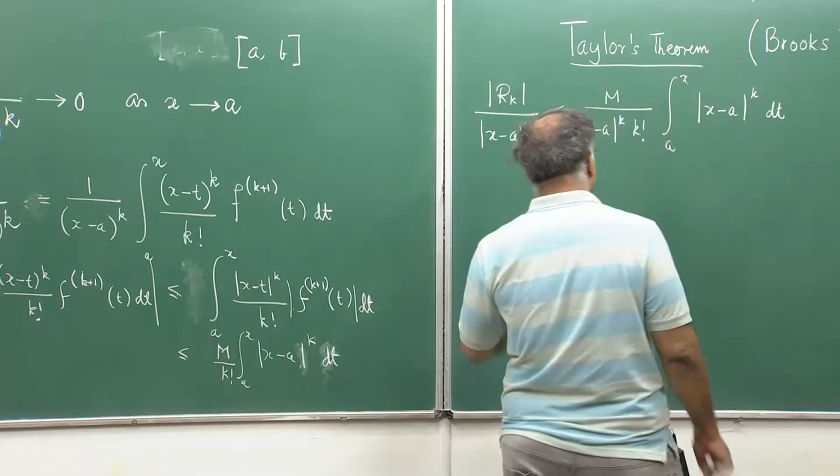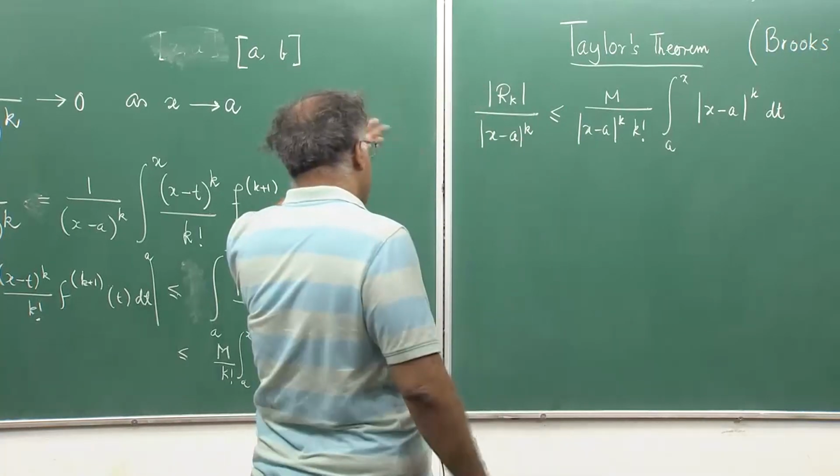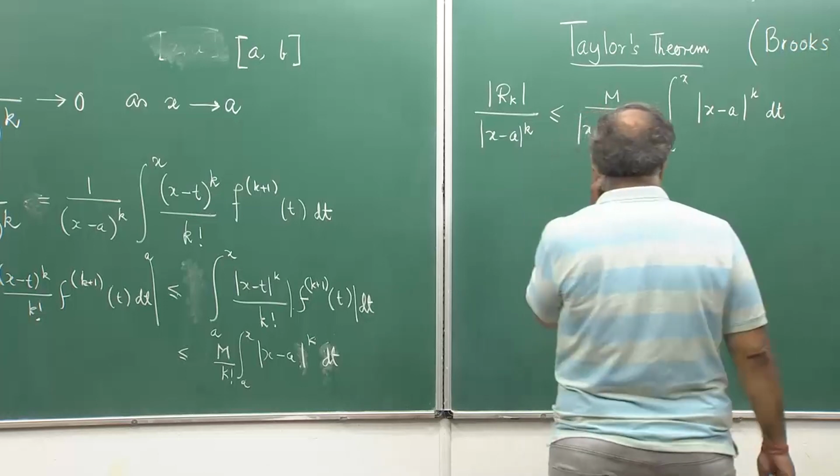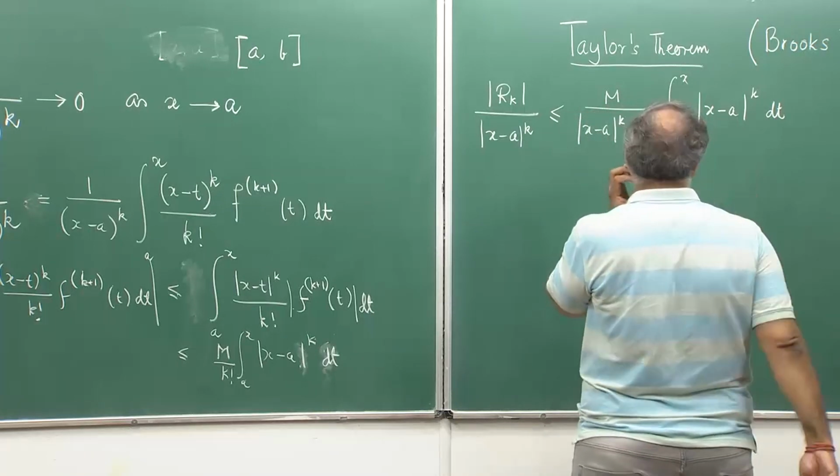If you put this equal to z, dz would be dt, and the modulus of x minus a as z.